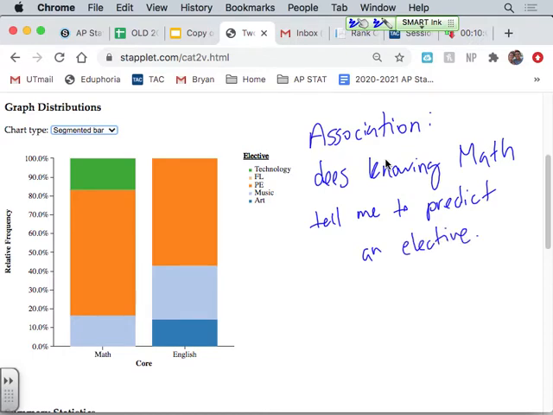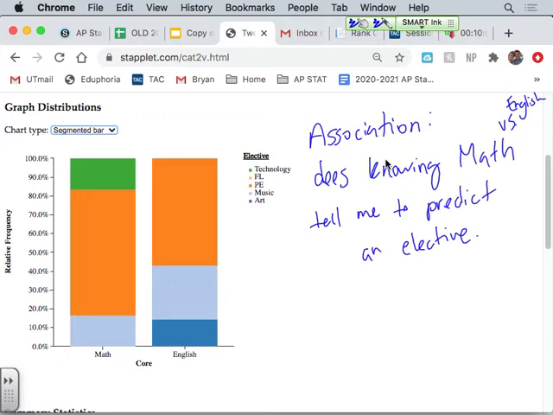So does knowing math versus English, maybe I should say it like that, sorry. So does me knowing which core class tell me I can get a pretty good guess at you liking a different elective class? Does that definition kind of make sense?